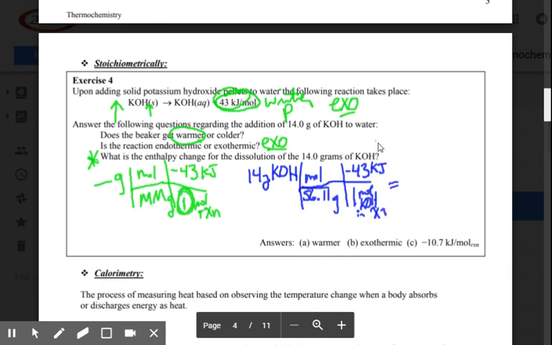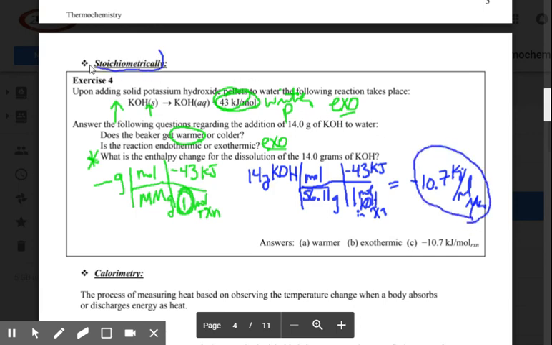I'm going to take 14 divided by 56.11 times negative 43, and that value is going to be negative 10.7 kilojoules per mole reaction. There you go. And that's your final answer.